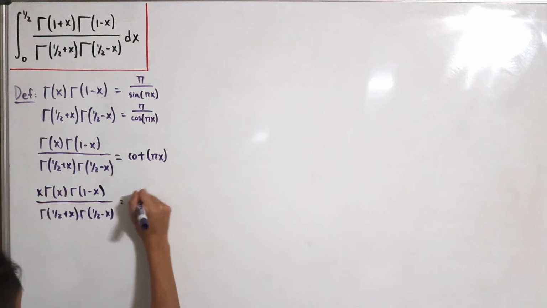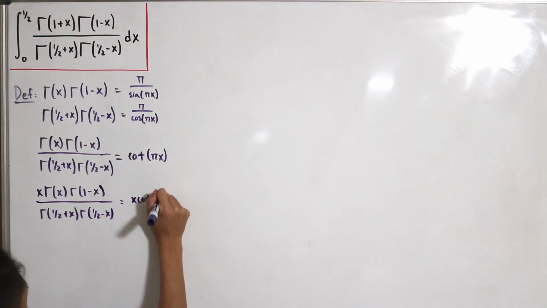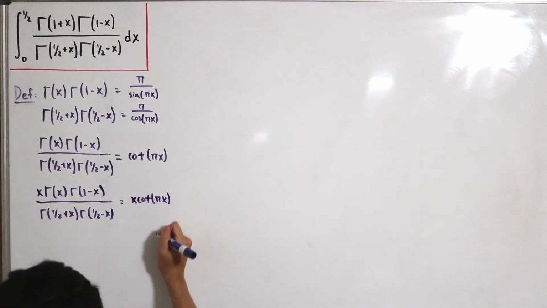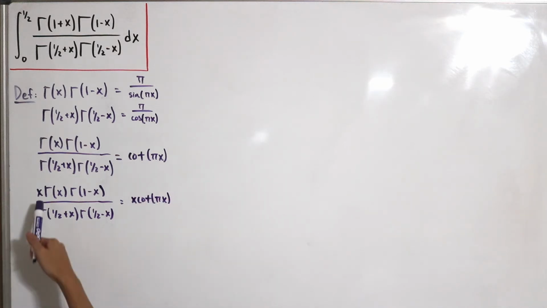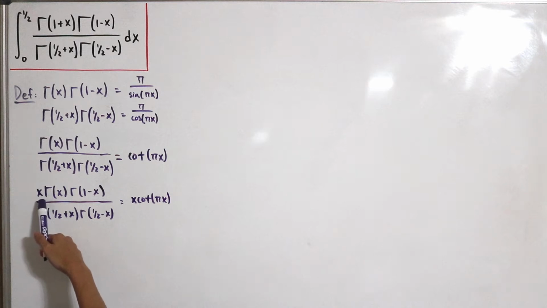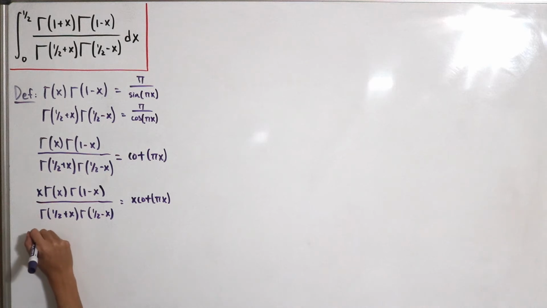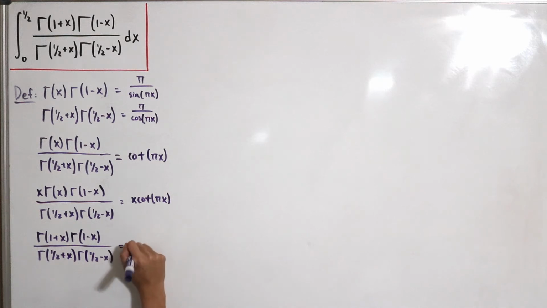On the right-hand side, that's x times cotangent of pi x. Here's the little identity: x times gamma of x, from the properties, is just equal to gamma of 1 plus x. So I can replace this, and the right-hand side stays the same.